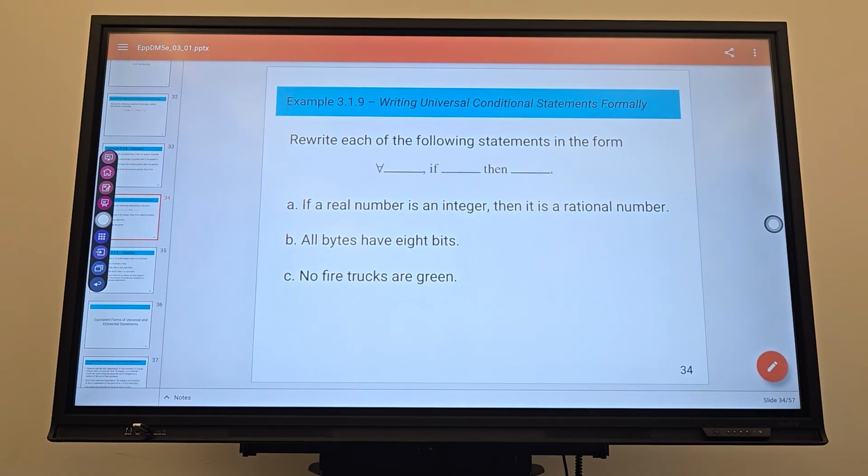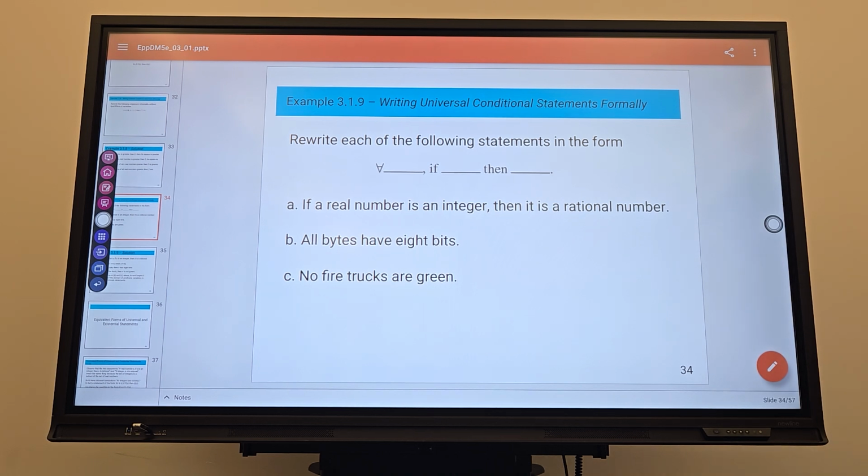Rewrite each of the following statements in the form: for all blank, if blank, then blank. For all real numbers x, for any real number x, if x is an integer, then x is an element of Q. For all b, if b is a byte, then b has 8 bits.